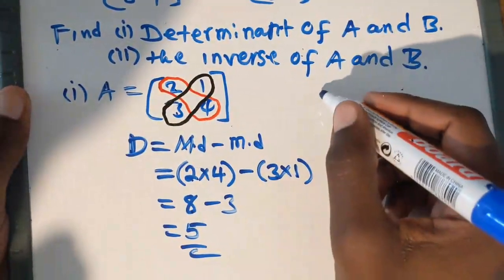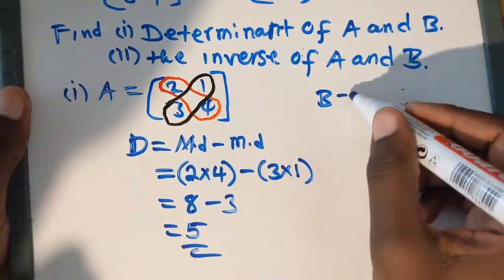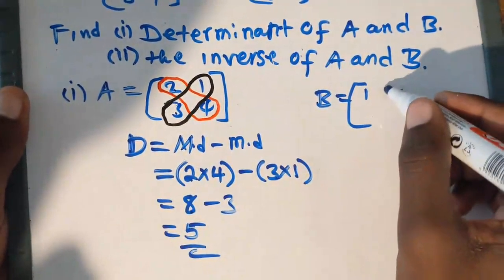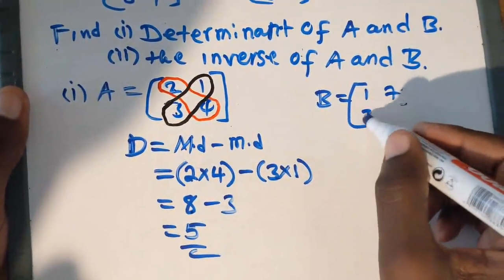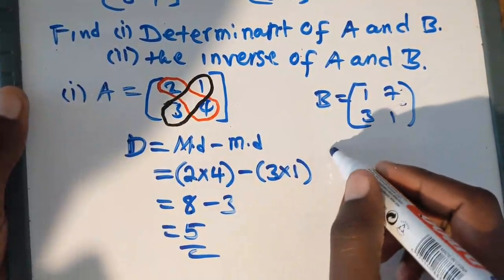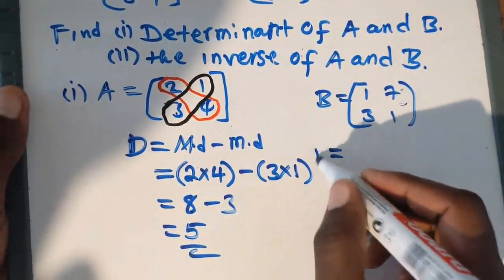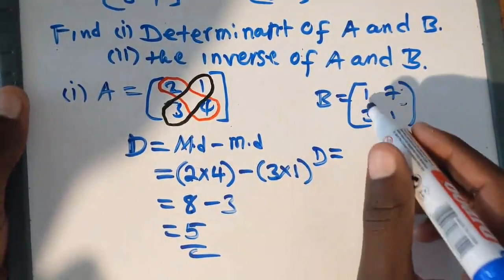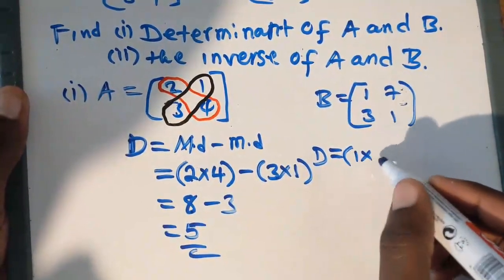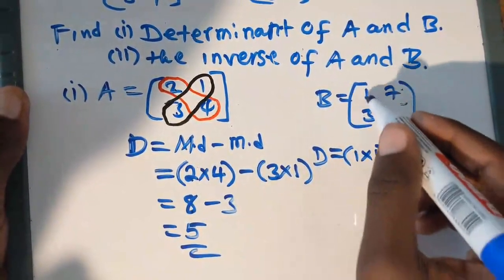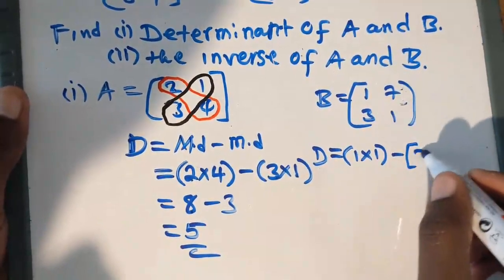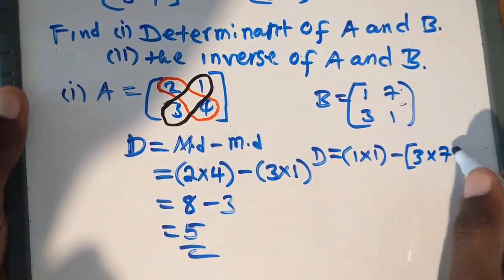So let's go to B. You can even pause the video, find the determinant and compare with what I'm going to find. Here we have B. The determinant is equal to the major diagonal, which is 1 times 1, minus the minor diagonal, which is 3 times 7.